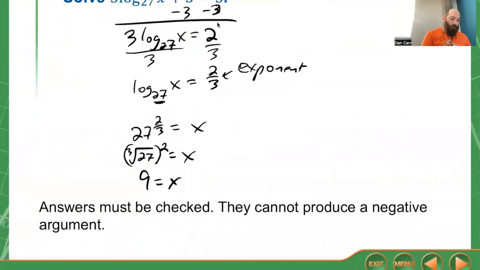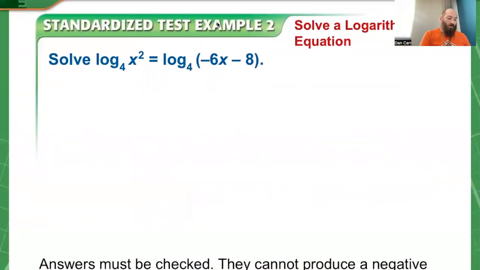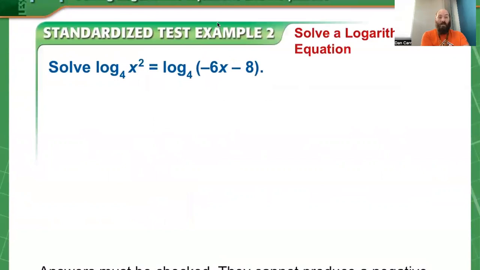Here's one where logarithms are on both sides: log base 4 of x squared equals log base 4 of -6x minus 8. Again, with logarithms on both sides, as long as they're the same base, we can just drop them and turn this into a quadratic. x squared is equal to -6x minus 8. Now it's just solving quadratics like you've done before.